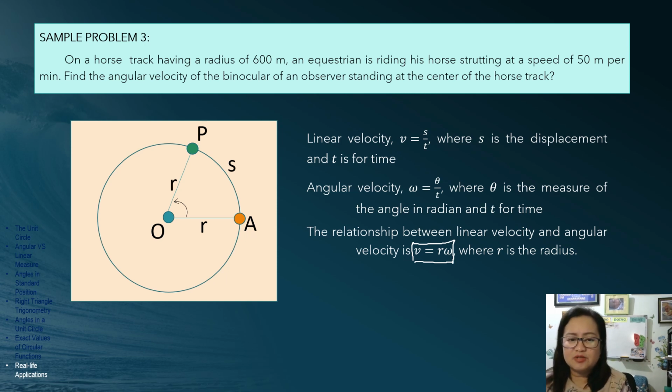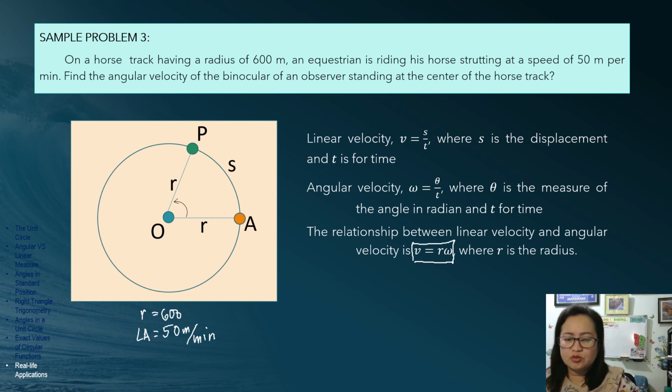Okay, so let's go back to the problem. What is 600 meters? That would be r. While 50 meters per minute, that is our linear velocity.